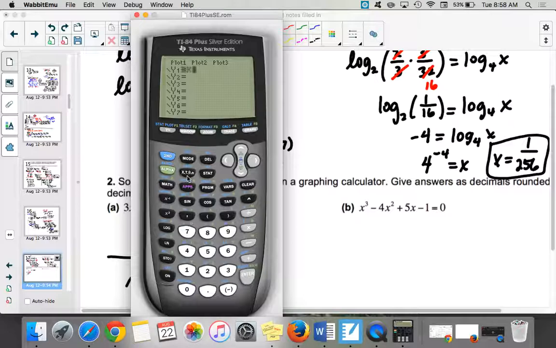So we're going to put that in. So I'm going to do x raised to the 3 minus 4x to the 2 plus 5x minus 1. And I hit graph. Okay, so this one also only has one answer. So we're going to find it. So we're going to do second trace, and we're going to find the 0, number 2.